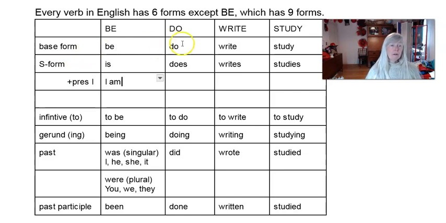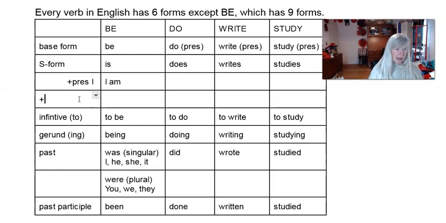In all of the other ones, for that present form, you just use the base form. I do. I write. I study. Be has a separate form, I am.